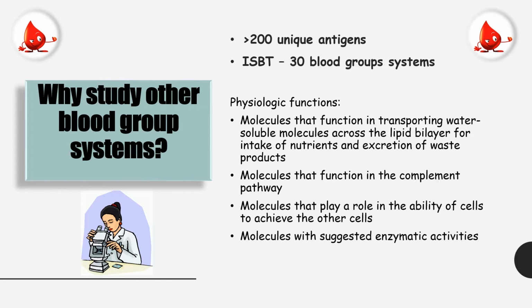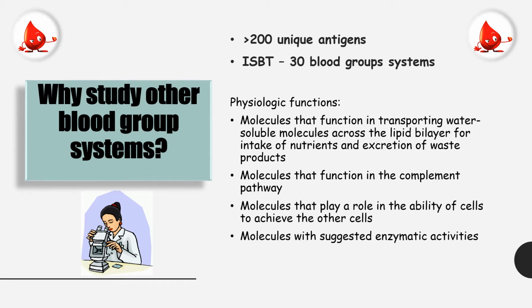Most recent studies have linked blood group systems with unique roles in the following physiologic functions related to red cell membranes. First, molecules that function in transporting water-soluble molecules across the lipid bilayer for intake of nutrients and excretion of waste products.